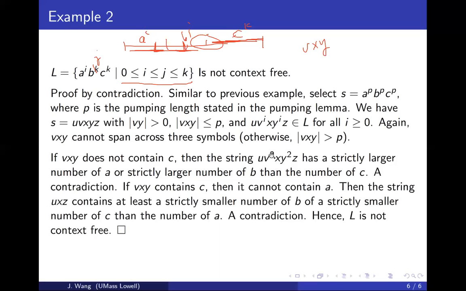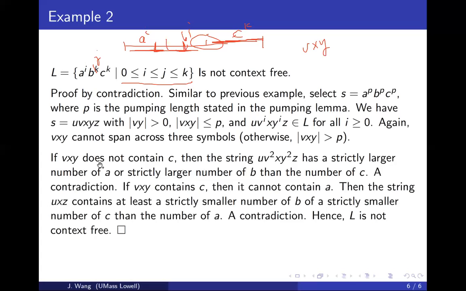I make it square. So we will have at least one more A's or B's than C's. That pumping will generate a string that should be in L, but in reality it cannot be in L. So that's a contradiction.